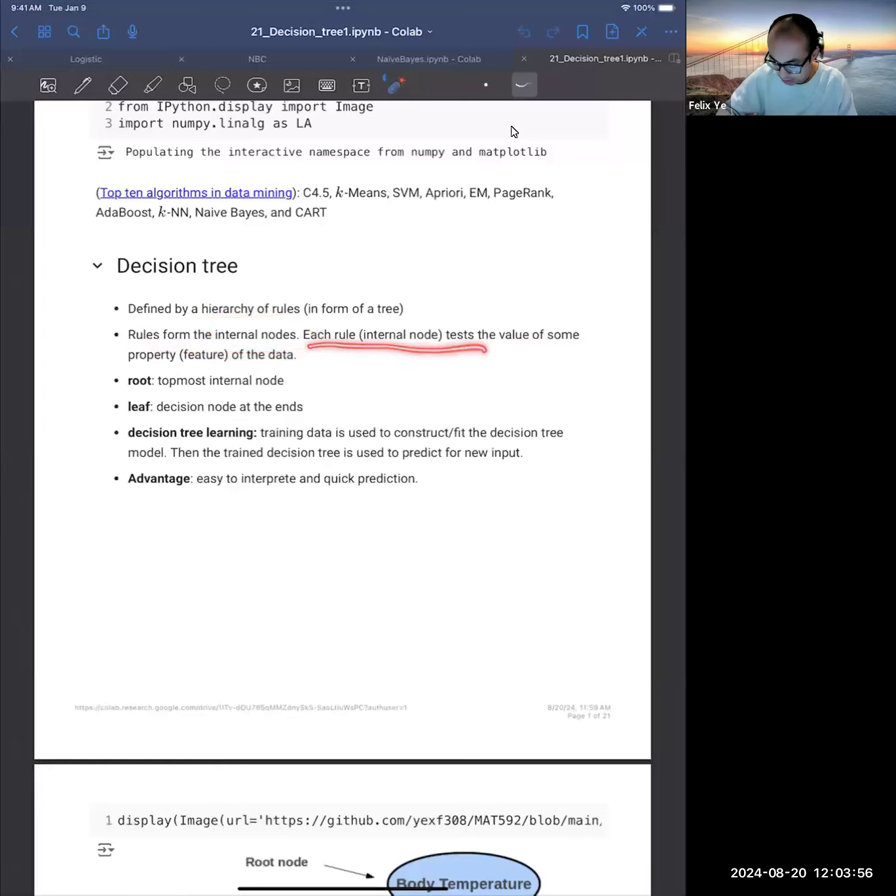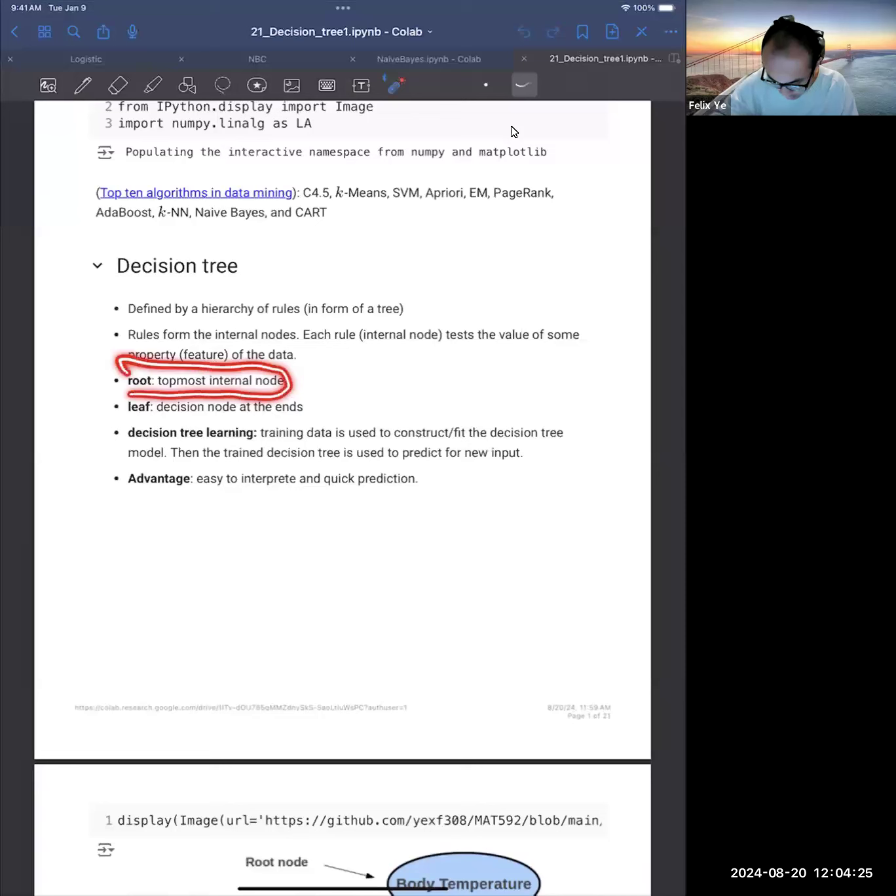These rules test the value of some feature of the data, for example, whether it's bigger or smaller than a certain threshold. If the test is true, it goes to one branch; if it is false, it goes to another branch. So this is very straightforward. It's a binary tree here.